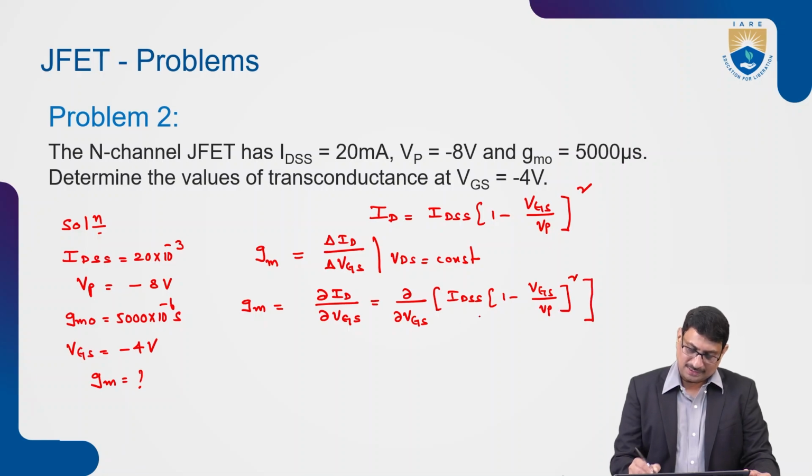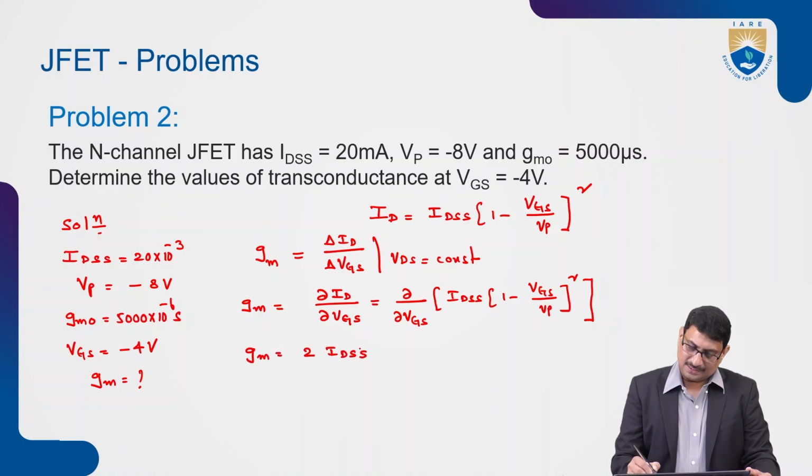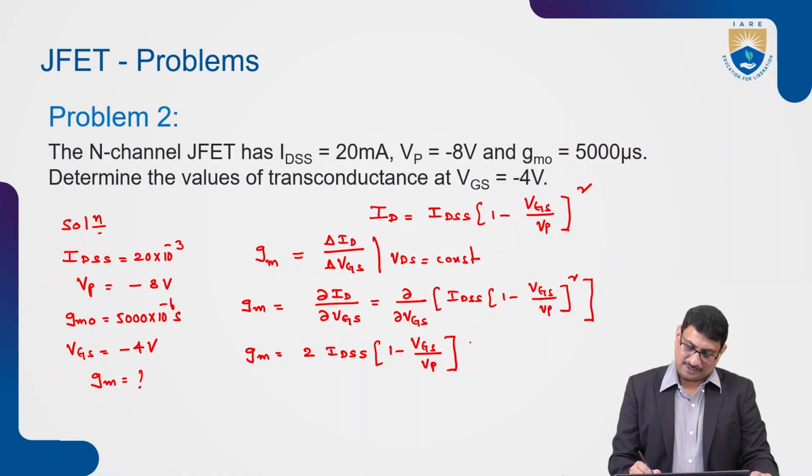If I differentiate this, then I can get GM equal to 2 IDSS, as IDSS is the constant, into the differentiation of 1 minus VGS by VP whole square, which is 2 into 1 minus VGS divided by VP, and the differentiation of 1 minus VGS divided by VP is nothing but 0 minus 1 divided by VP.